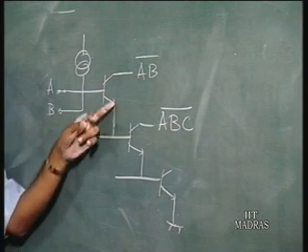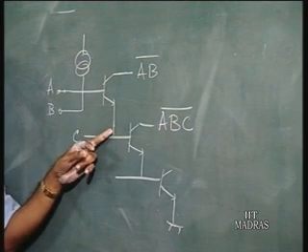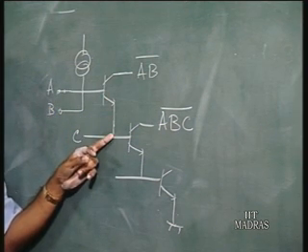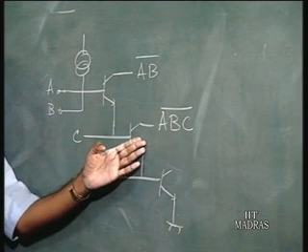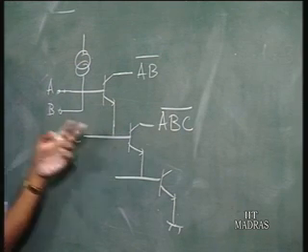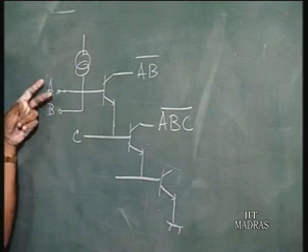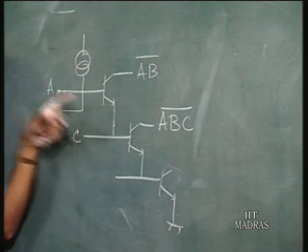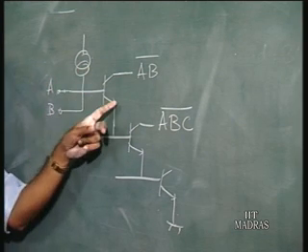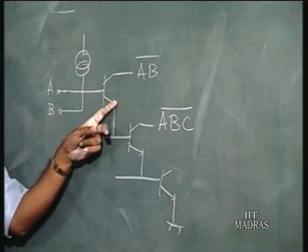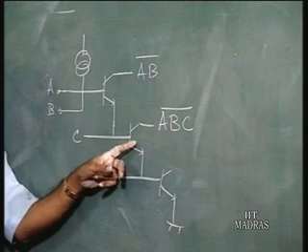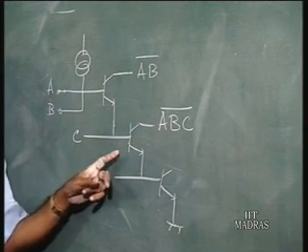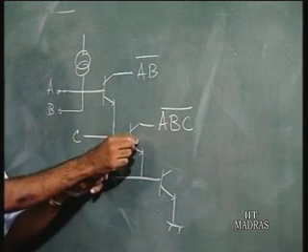So, in this transistor emitter there is no current, so there is no chance for this transistor to go to saturation. Only when A and B both are high does this transistor turn on, and then the second level transistor has a chance. This emitter current can flow in as base current.